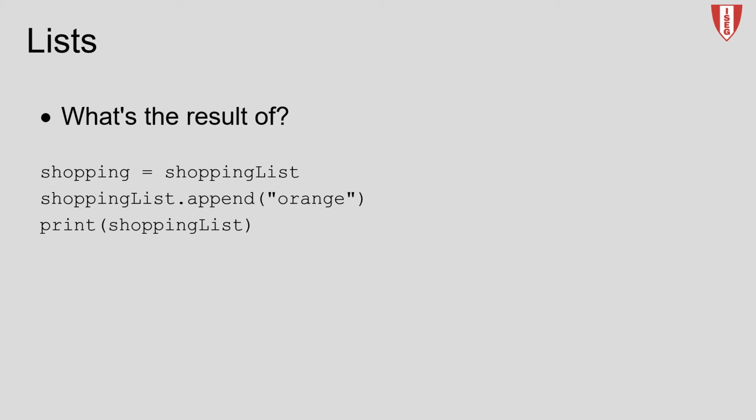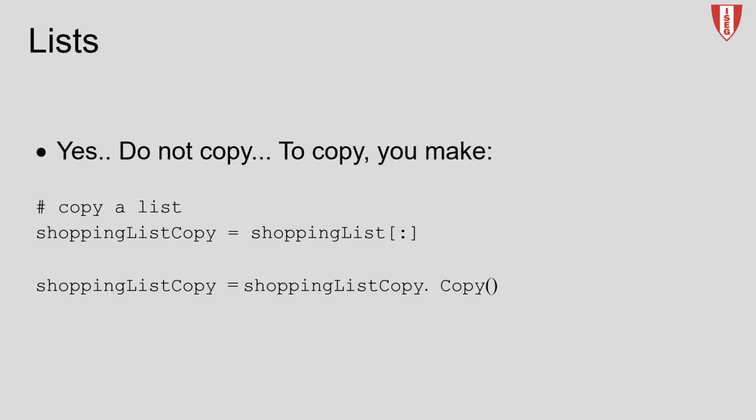We are not creating a new list independent from the former list. We are creating a new list that points to the old one. Here we have two possible ways of creating a new list by using previous lists. We may slice the original list, or we also may use the method copy.